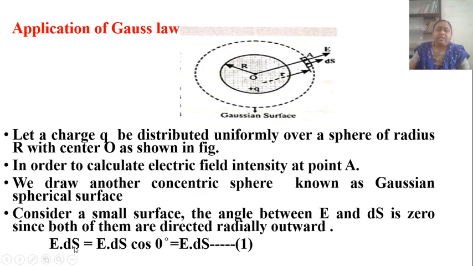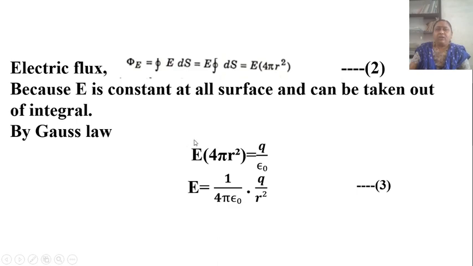So E dot dS equals E dS cos 0 degree, which is E dS, because cos 0 degree is equal to 1. So the electric flux phi E equals the closed integral of E dS, which equals E times the closed integral of dS, which equals E into 4 pi r square, because E is constant at all points of the surface and can be taken out of the integration.